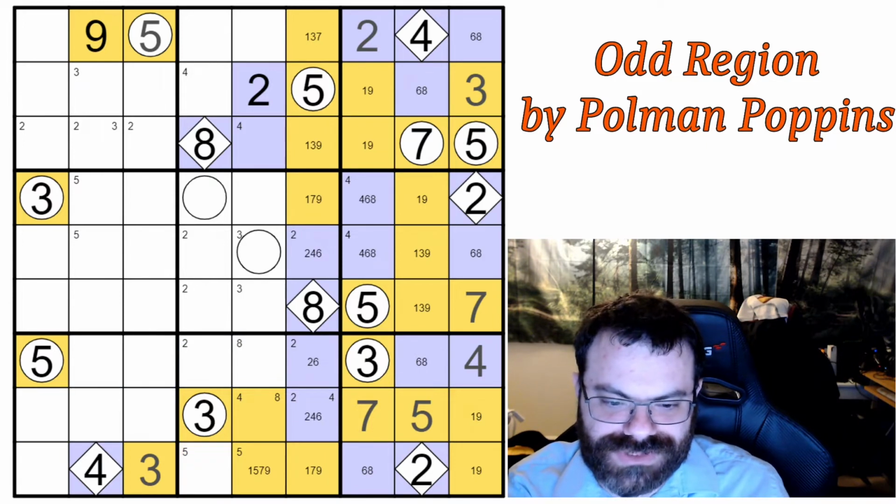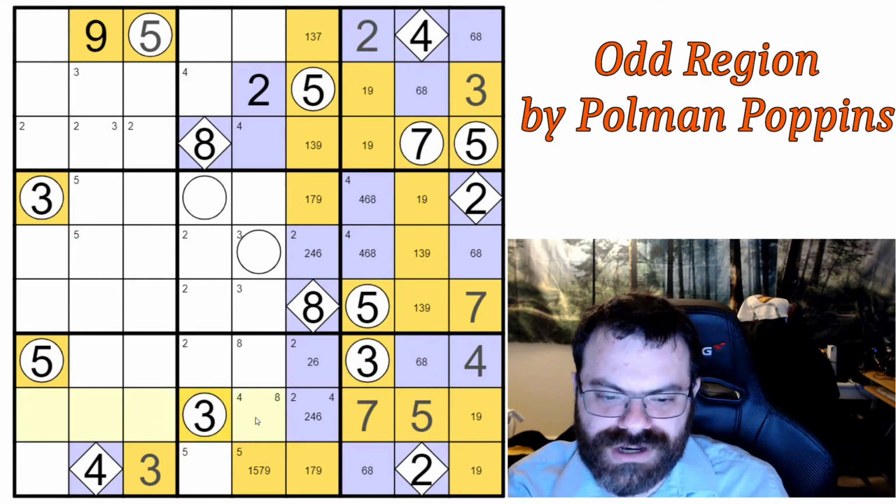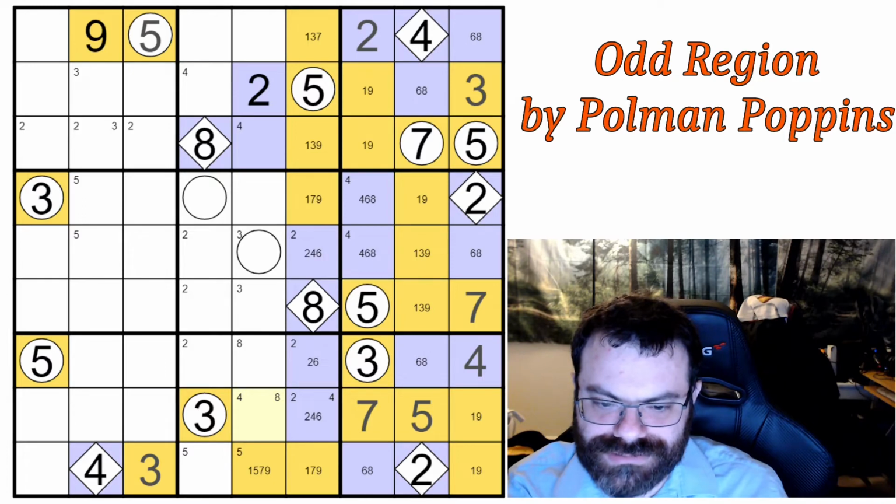So let me go over that slower. So one of these two, let's put it this way. We only get one odd in this row. So let's say the odd were here. So that makes these 3 even.